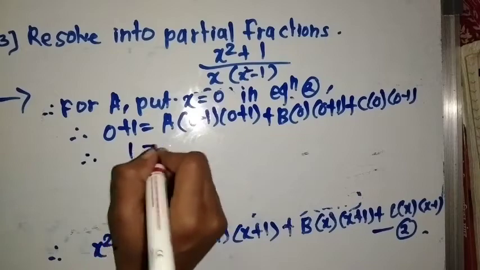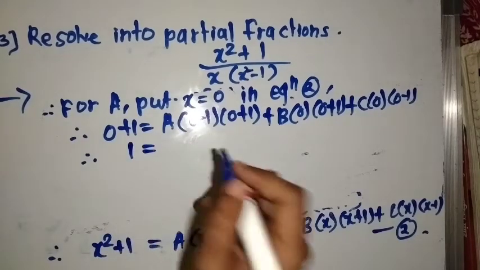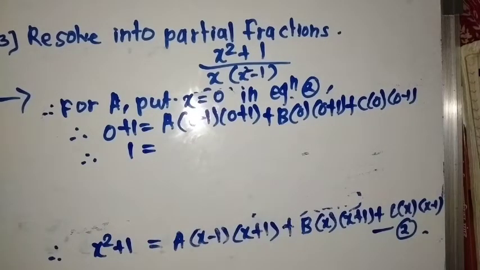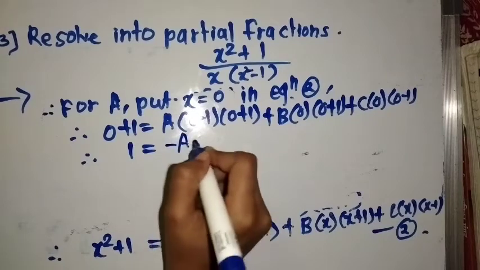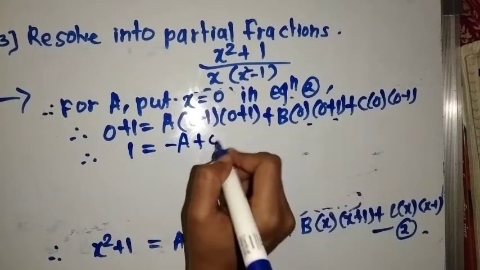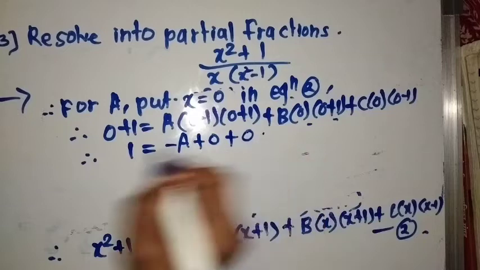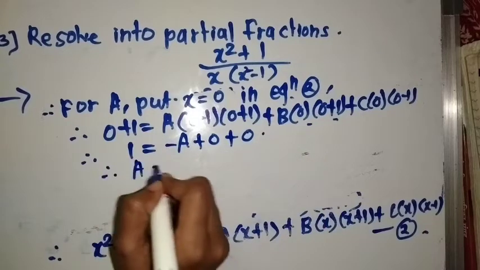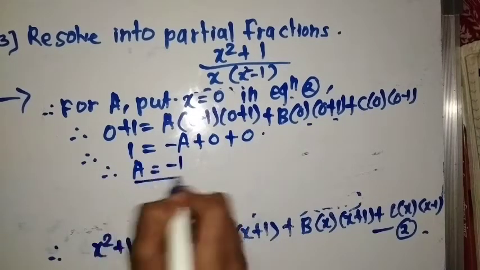Hence we get 1 is equal to minus a plus 0 plus 0. Hence we get a is equal to minus 1.